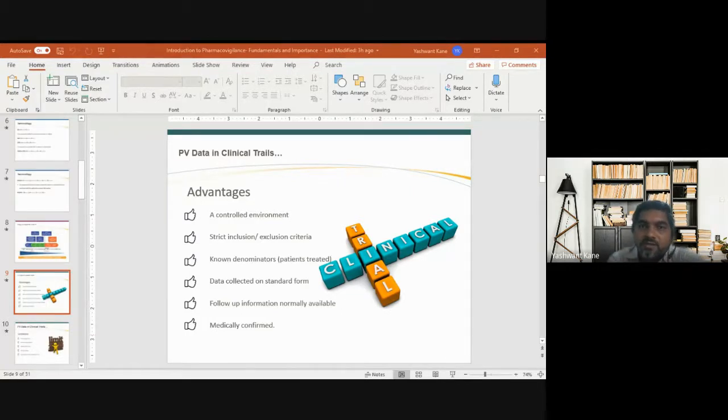So the indication, the inclusion and exclusion criteria, how we select the patient population, which area of the globe we are selecting the population from. If the condition is very prevalent in Europe, but we are testing the drug on the Indian population, will that help? Yes, no? No, no, no. Right.